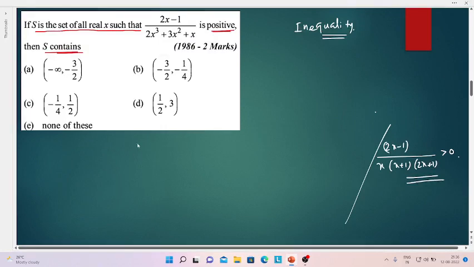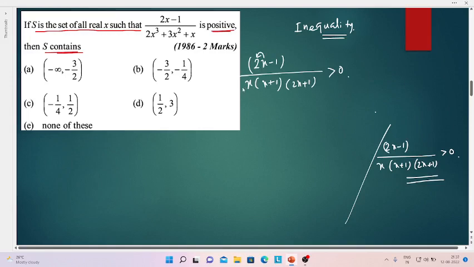So let me write down this particular equation, which is 2x minus 1 upon x times x plus 1 times 2x plus 1, which is greater than 0, right? So the main motto should be that x is actually coefficient free. I mean, the coefficient of x would always be 1, right?